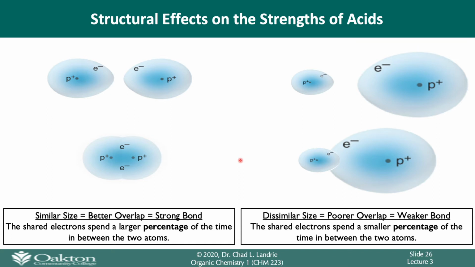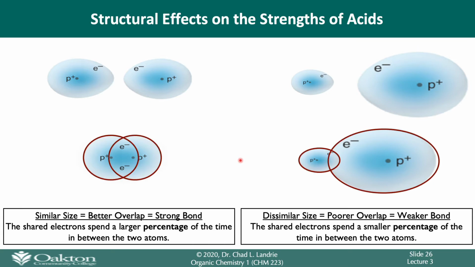And if we imagine overlapping them with each other, right, we get a Venn diagram picture in the bottom left here that looks like this. And the overlap looks pretty good. There's a large area where the electron density has been increased in between the two nuclei. That's what you need for a good covalent bond.